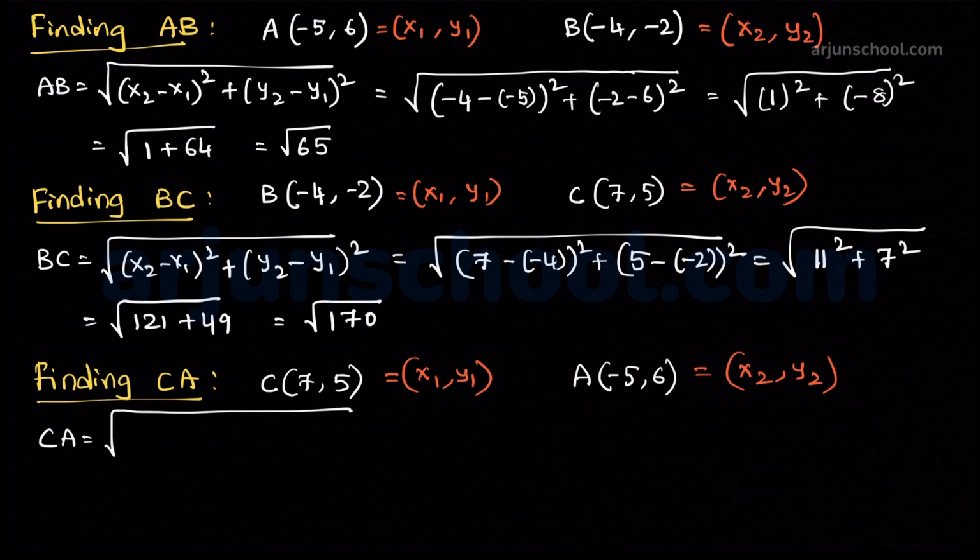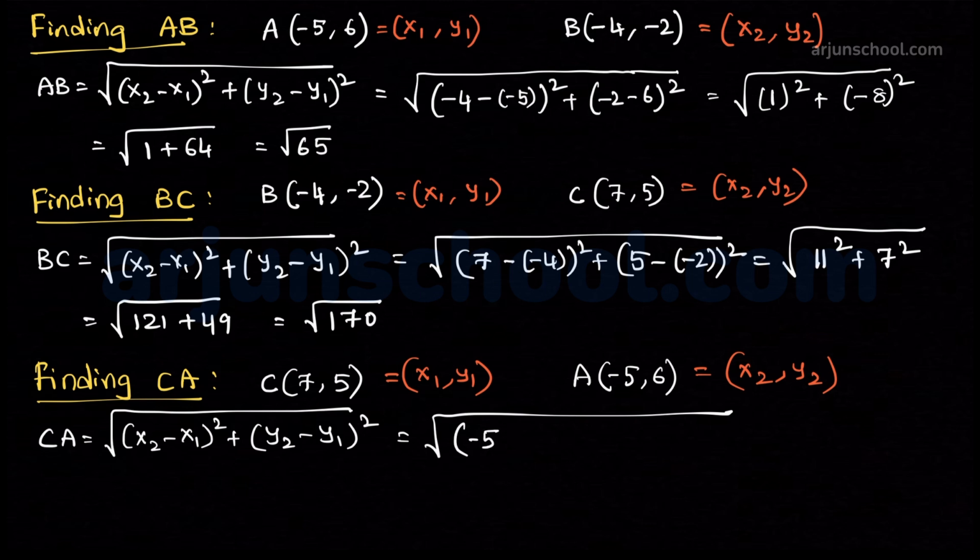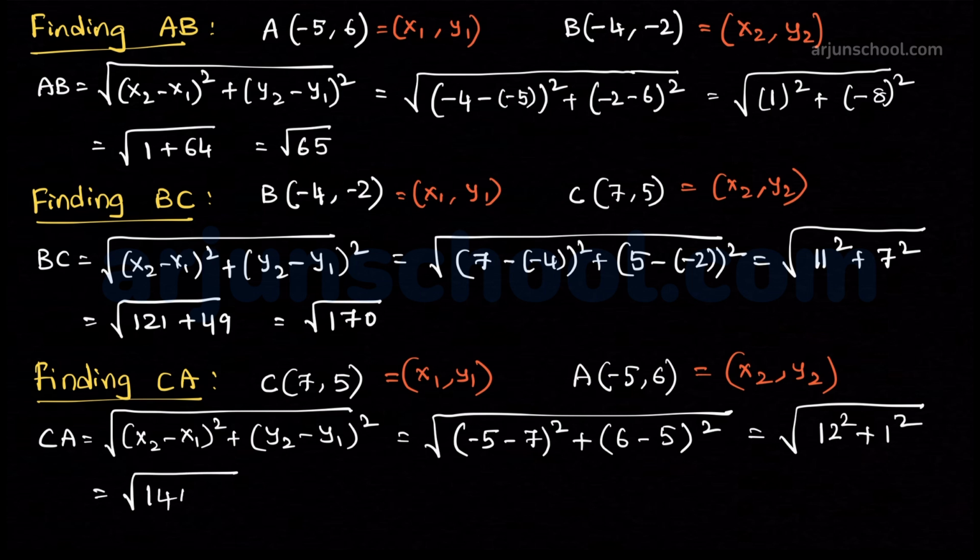Distance between these 2 points is root over (x2 minus x1) whole square plus (y2 minus y1) whole square, equal to root over (x2 is minus 5 minus x1 is 7) whole square plus (y2 is 6 minus y1 is 5) whole square, equal to root over (minus 5 minus 7) whole square is 12 square plus (6 minus 5) whole square is 1 square. 12 square is 144, 1 square is 1.